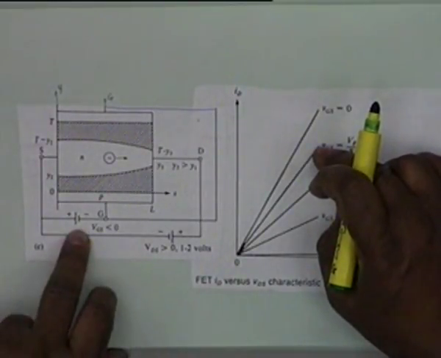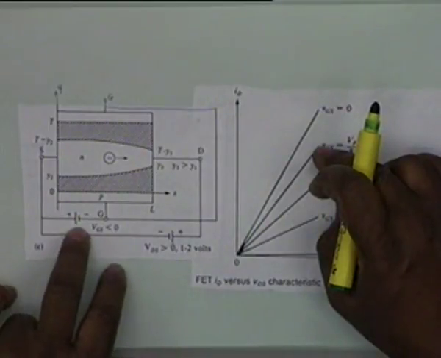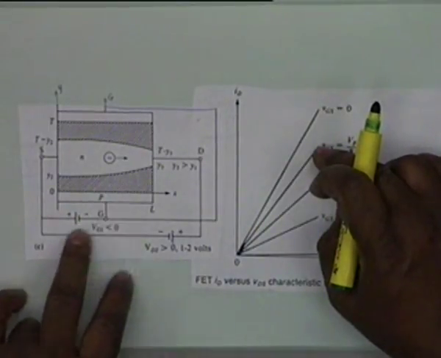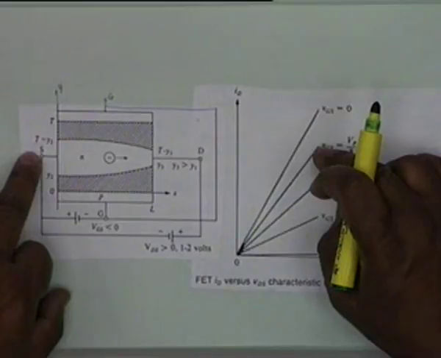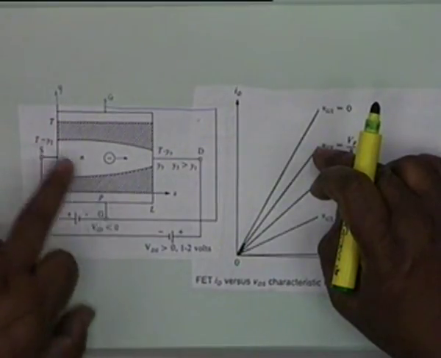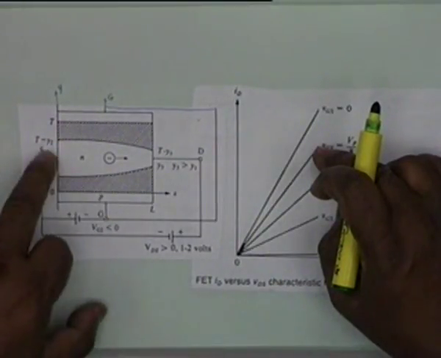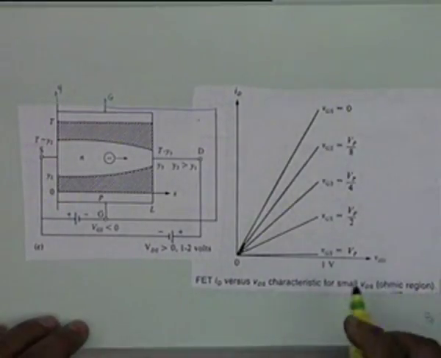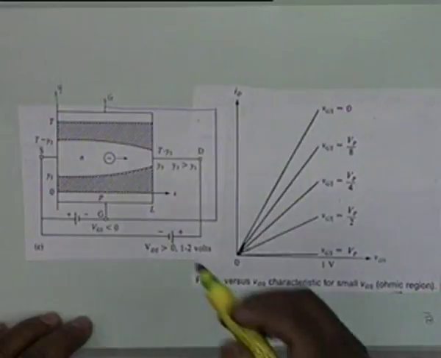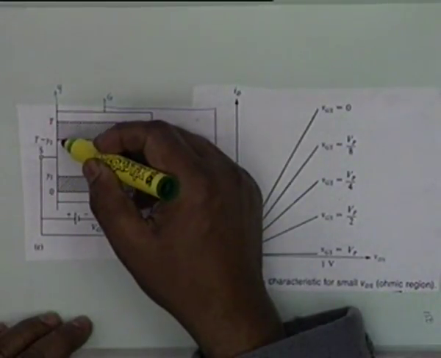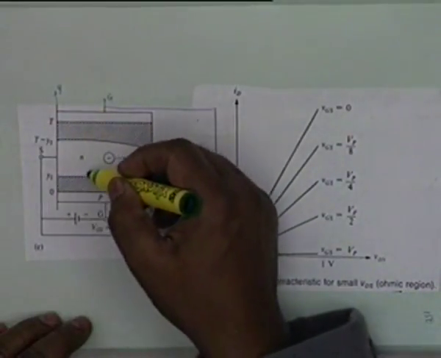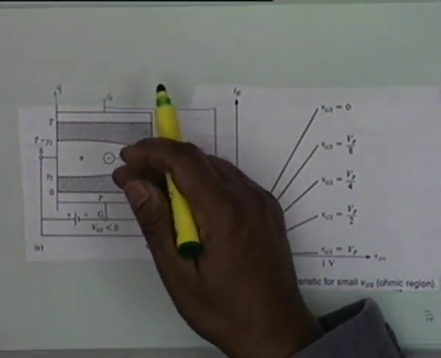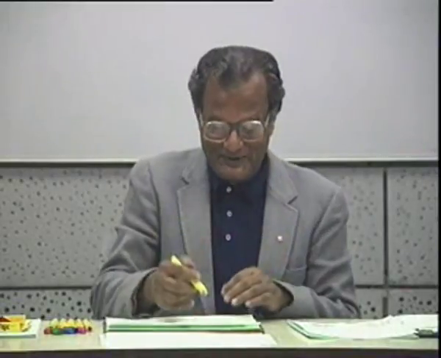And VGS is negative terminal connected to P, positive to source. So the PN junction between the gate and the source is reverse biased. If this reverse bias is increased, a point will come at which the two depletion regions will meet somewhere near the gate.